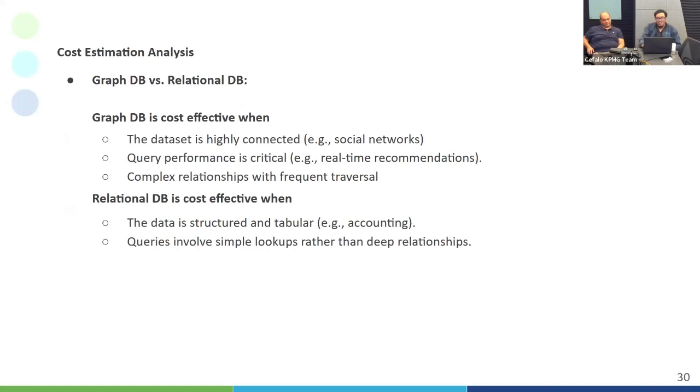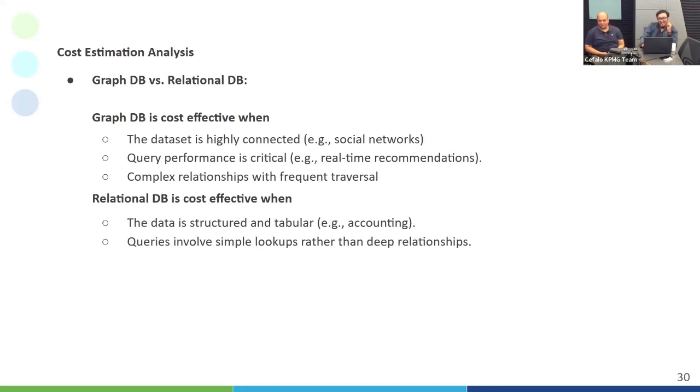And again, the cost estimation analysis against the relational database: as you already know, if the data set is highly connected, then GraphDB is definitely cost effective. If the query performance is critical, GraphDB is good here also. And if we need frequent traversal with complex relationships, GraphDB is good, but only if you can design it well.